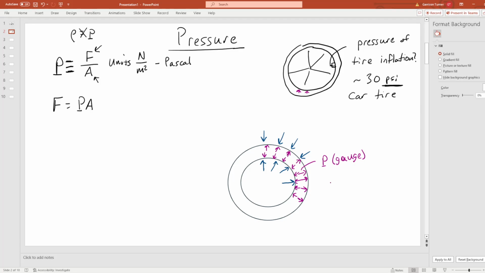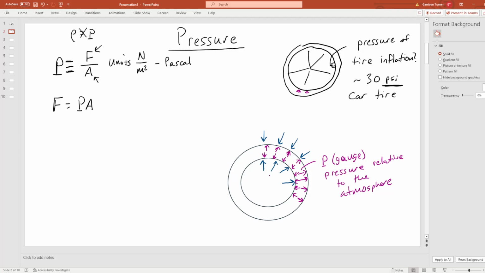Okay. So this is the pressure that is relative to the atmosphere. So this just tells you how much above the atmosphere your pressure is. So really these pressure arrows should be much, much bigger. Okay. But this is how much pressure you have in your tires relative to the atmosphere.